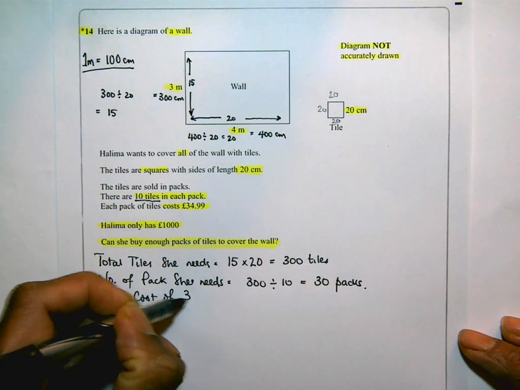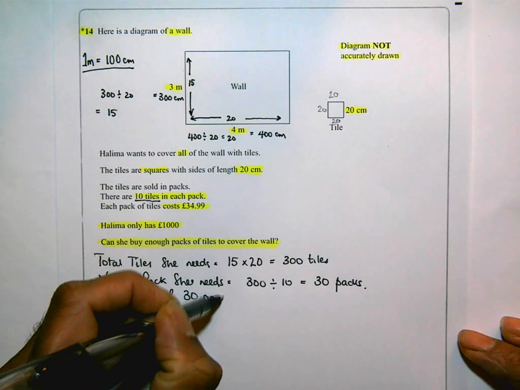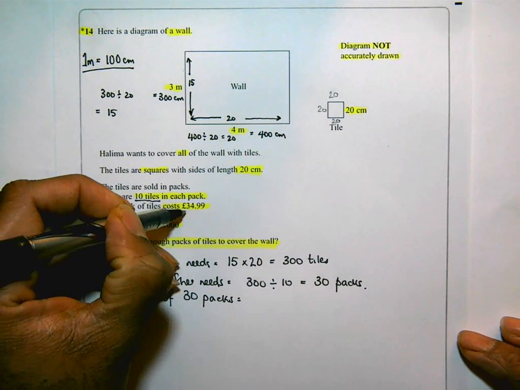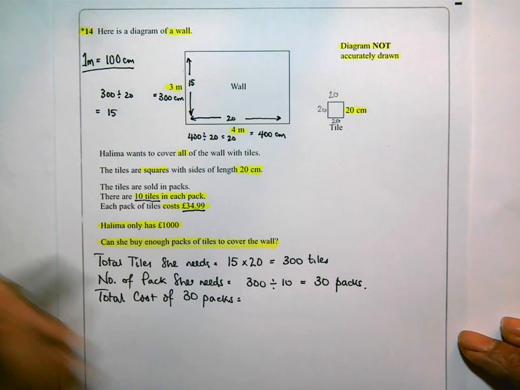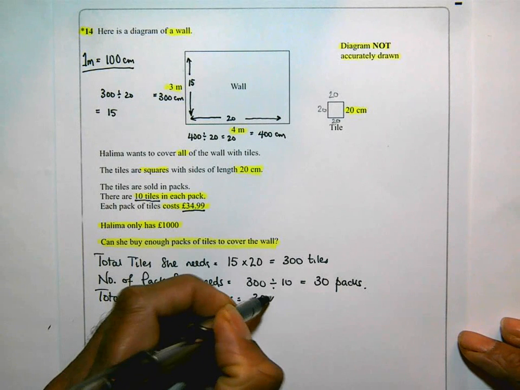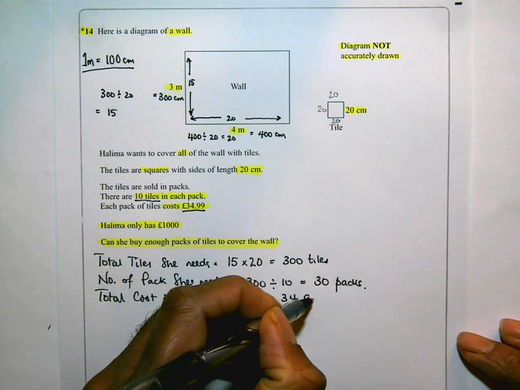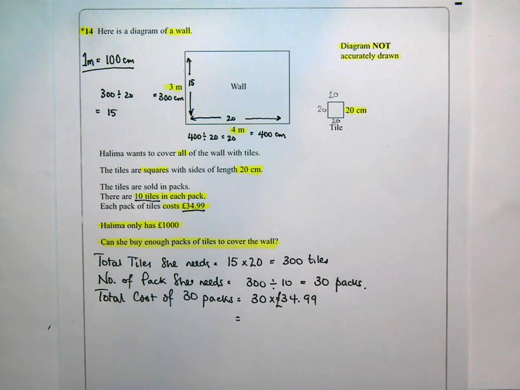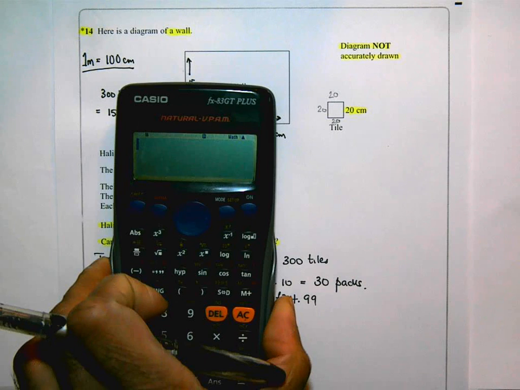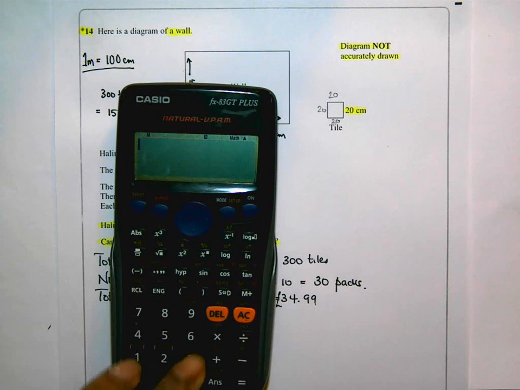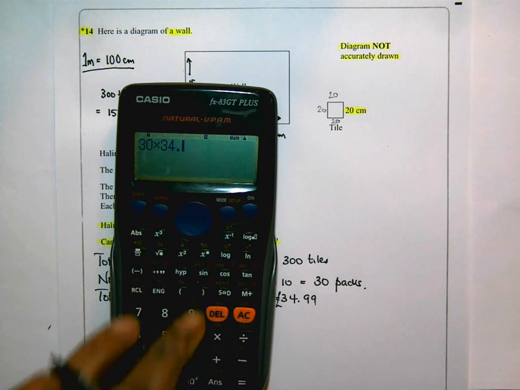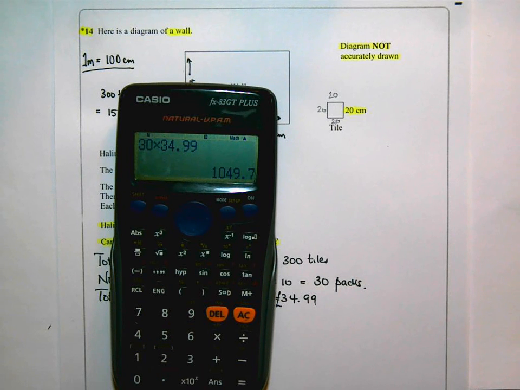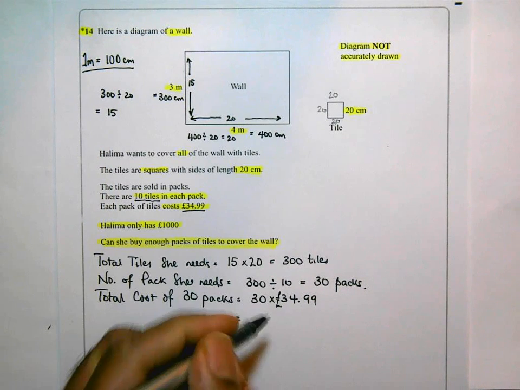Now remember, one pack costs £34.99, so that's going to be 30 times £34.99. Again, I'll get my calculator to do all the hard work. 30 times £34.99 gives me 1049.7.